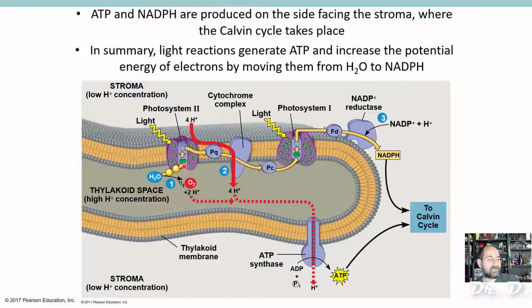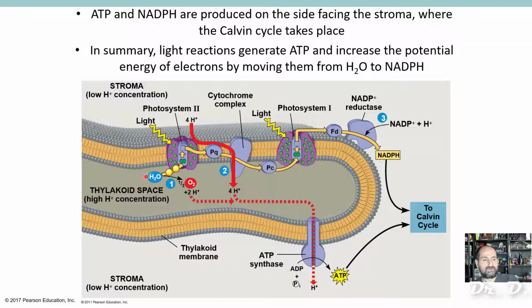It has a very, very positive E sub O, a high standard reduction potential, so it can steal electrons from water. Those electrons are then sped through this process upon more light striking photosystem 2. All right, so water loses its electrons to the central chlorophyll pair P680 plus. P680 plus goes back to P680 and the process starts over again.